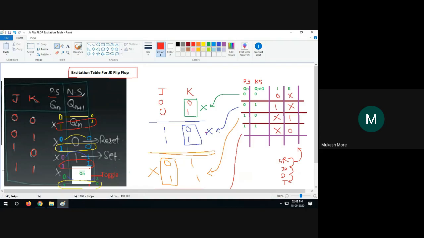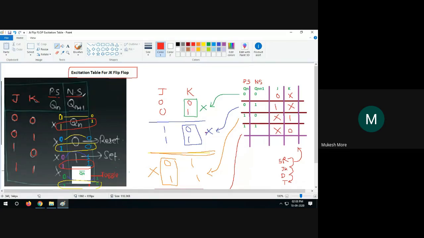Okay, we do not require the present state of the JK flip-flop circuit, but we must get an idea about the required output, that is the next state.